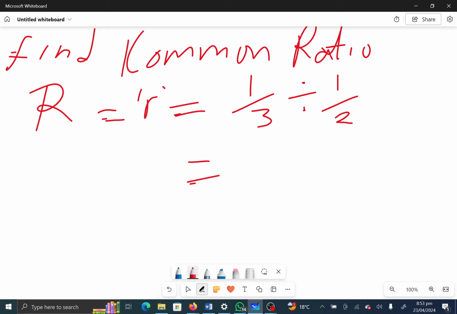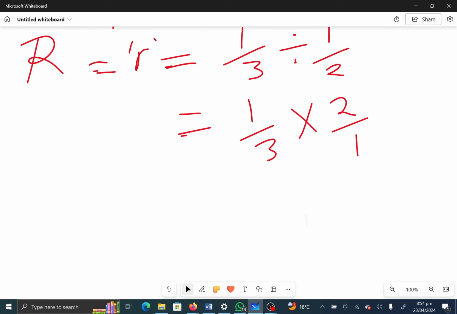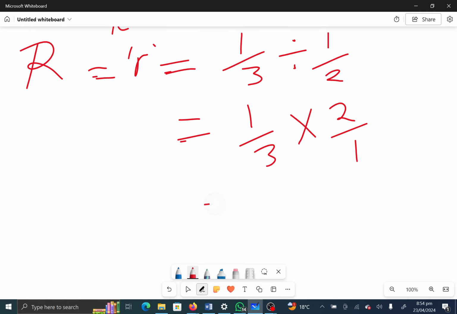When it is a divide by, in arithmetic we change this to multiplication, and we swap the two numbers. So the 2 comes on top of the fraction, the 1 gets down. Then 1 over 3 multiplied by 2 over 1, so we get 2 over 3 as our common ratio.